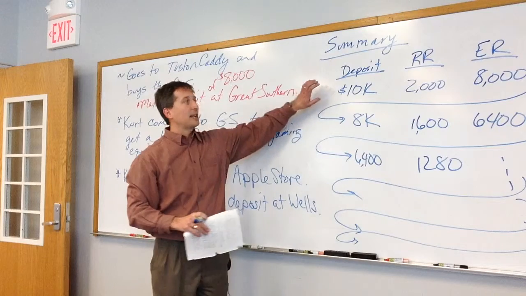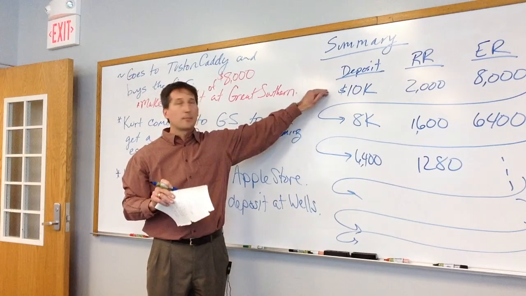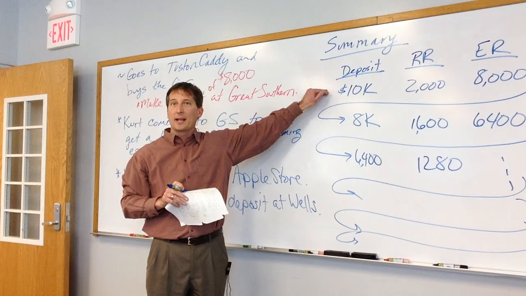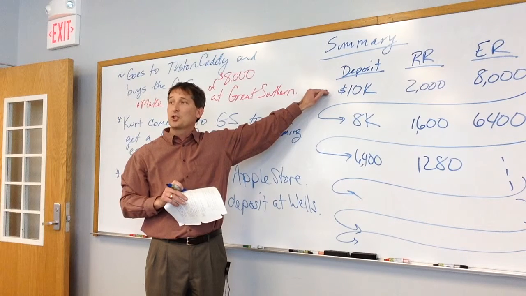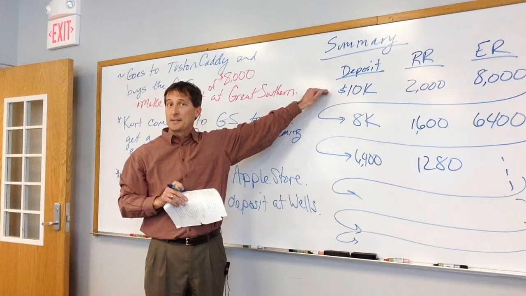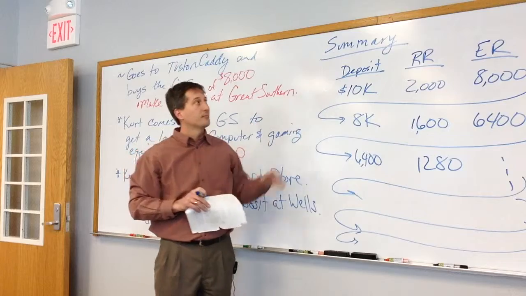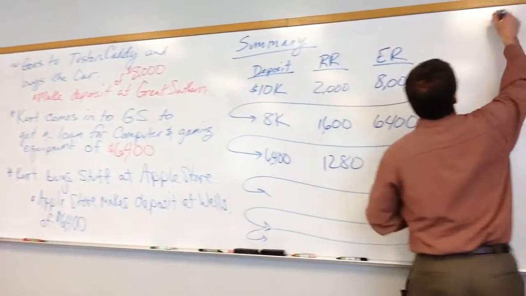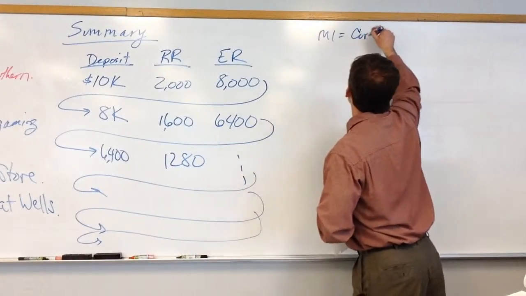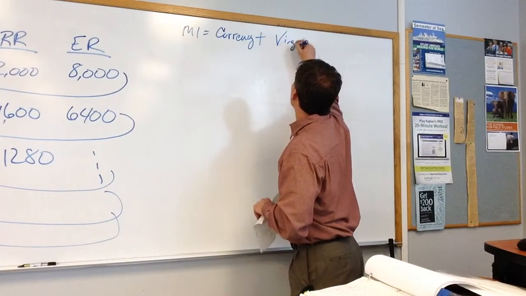How much did the money supply change by when Brandon deposited it at Patriots Bank and put it into his checking account? How much did M1 change by from that initial deposit? So M1 equals currency in circulation plus checking account deposits.